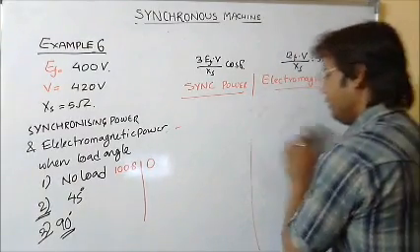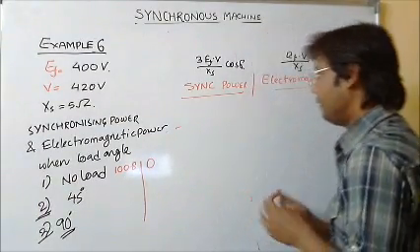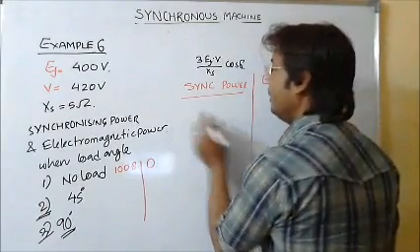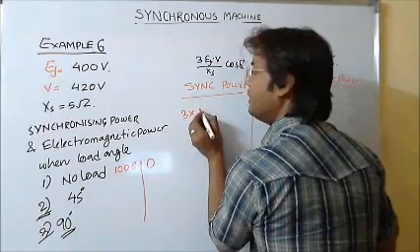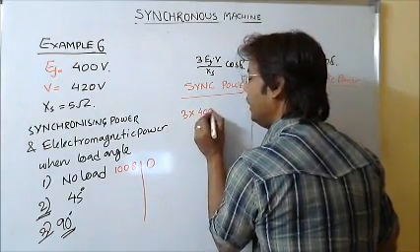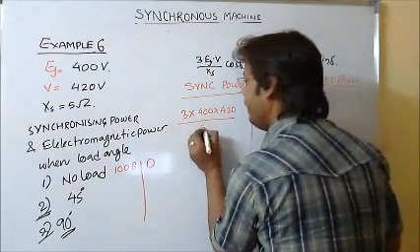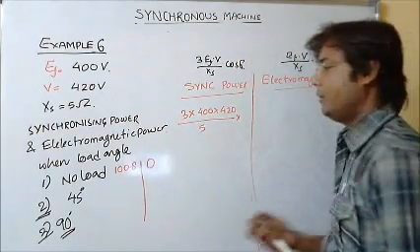Coming to the second part of the question, when it is 45 degrees, I can have 3 into EF, which is 400, into V, which is 420, divided by 5 multiplied by cos delta, cos 45.